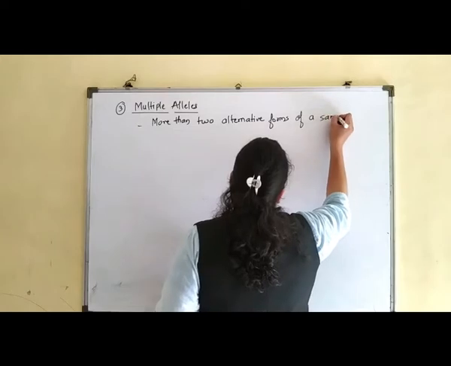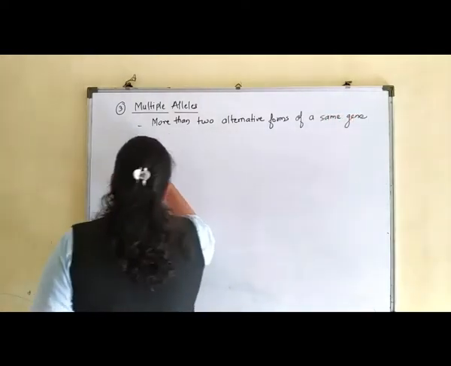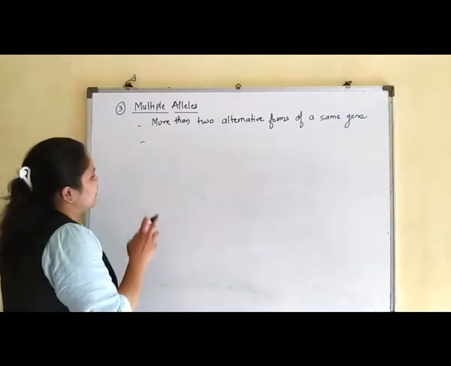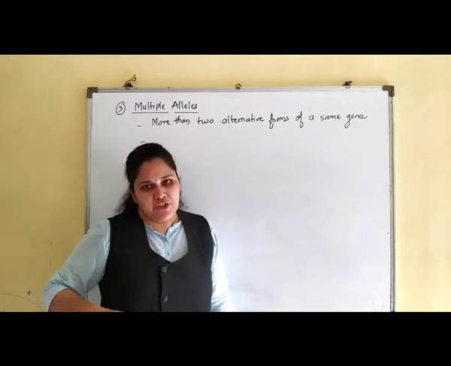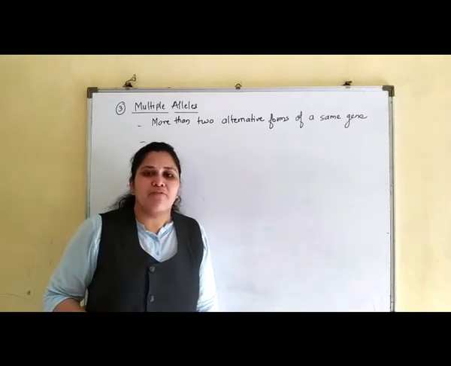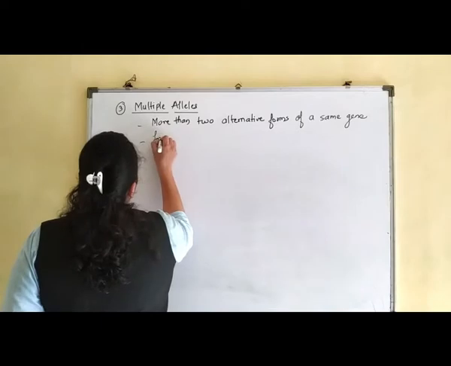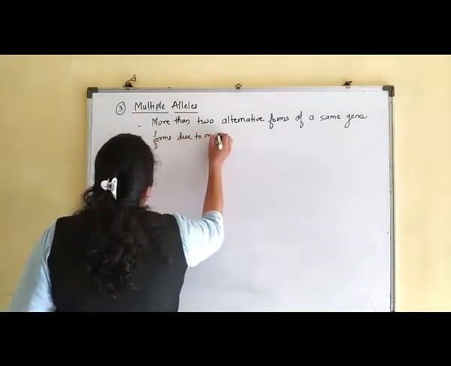Now these many alleles are formed due to mutation. There are more than 2 alternative forms of the same gene in nature, but an individual gets any 2, and these multiple alleles are formed because of mutations. So they form due to mutation.